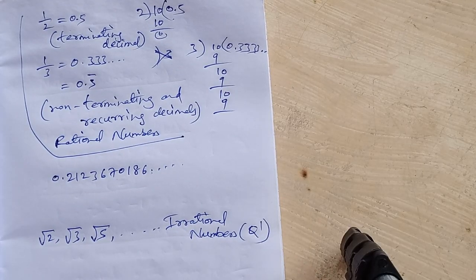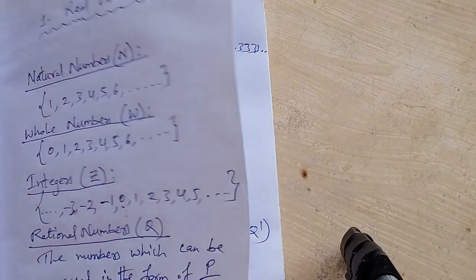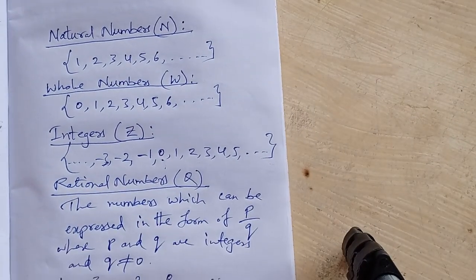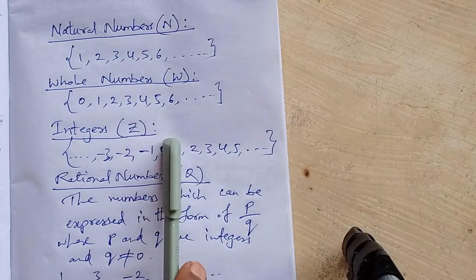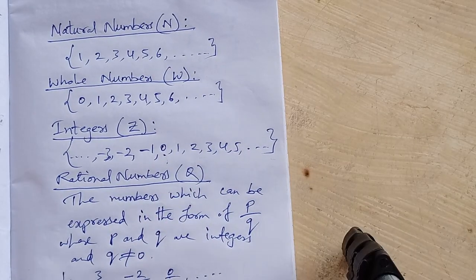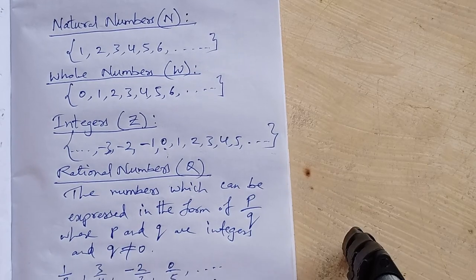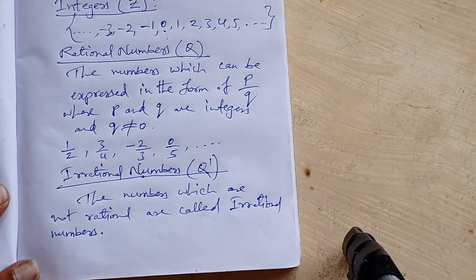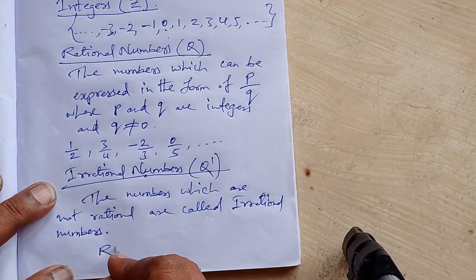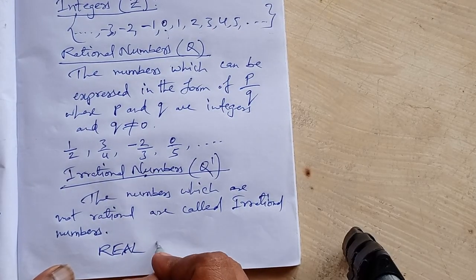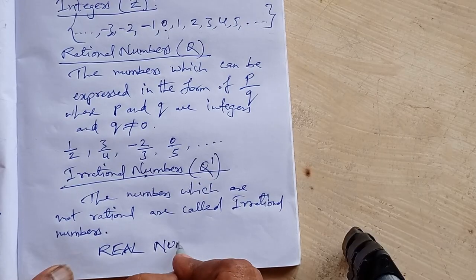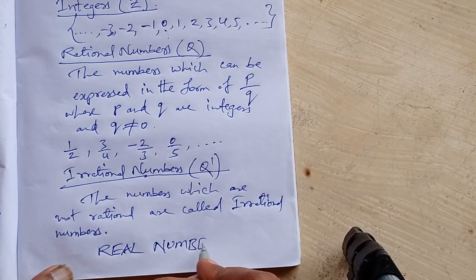Now all these numbers, that means natural numbers, whole numbers, integers, rational numbers and irrational numbers, all are called real numbers.